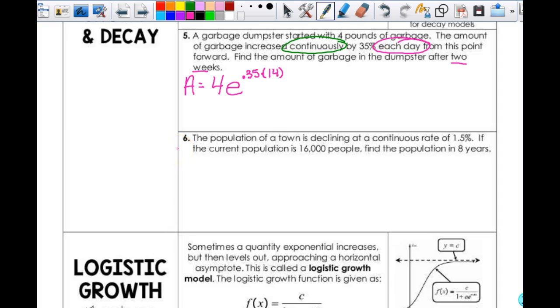Oh, wait, that should be t first. I'm sorry. Let's back up. I didn't write the formula. 0.35t. You have to have the original one, sorry. And then it is each day and then 2 weeks. So then your next one will be A equals 4 times e to the 0.35 times 14.